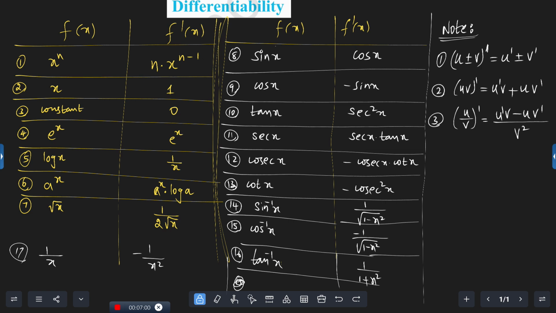Are we done? Boy side, is anyone writing? Girl side?